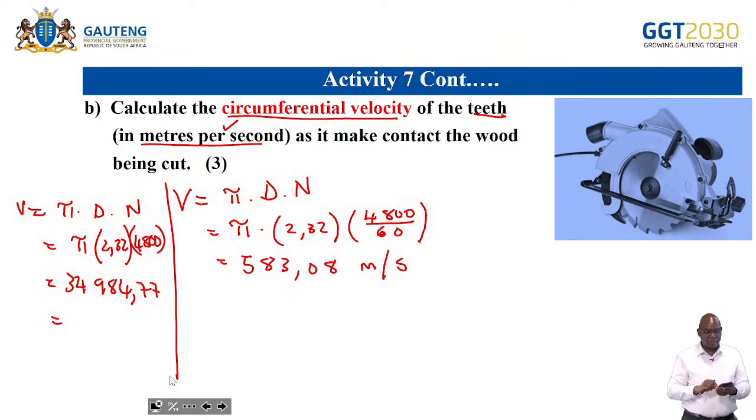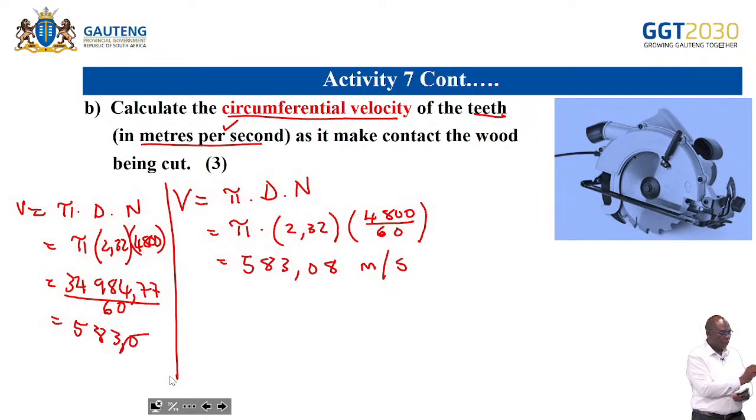Why do I divide it by 60? Because I want to take this answer to seconds, and the answer that I'm going to get is 583.08, and that answer will be the same as the one that I'm having here.